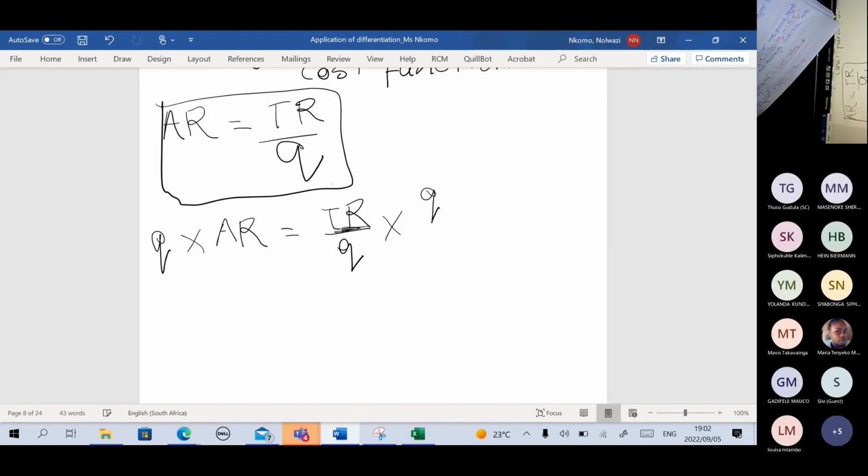As we do this side, we have to do it on this side. If we multiply with Q on both sides, Q and Q will cancel on this side and we'll be left with total revenue.